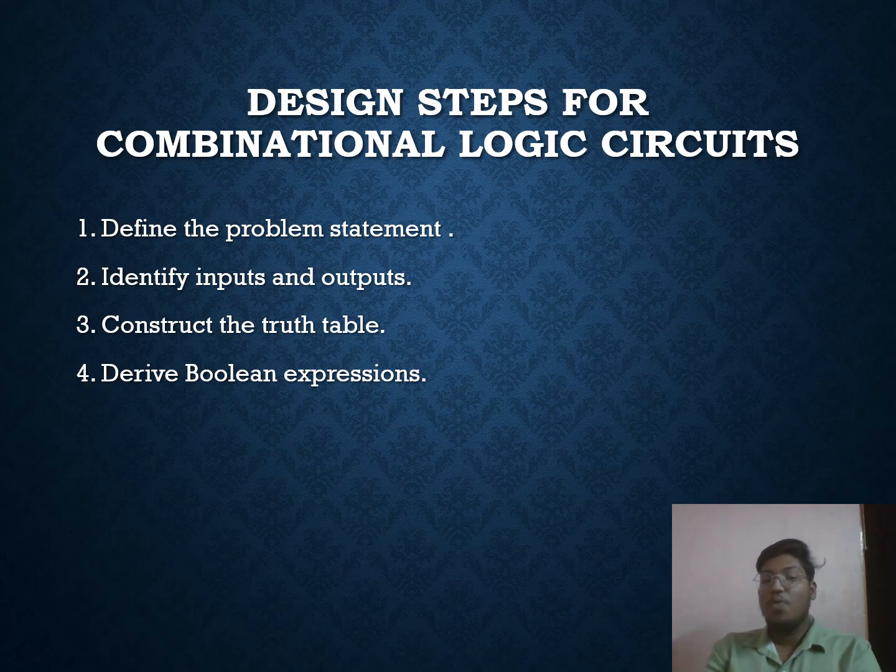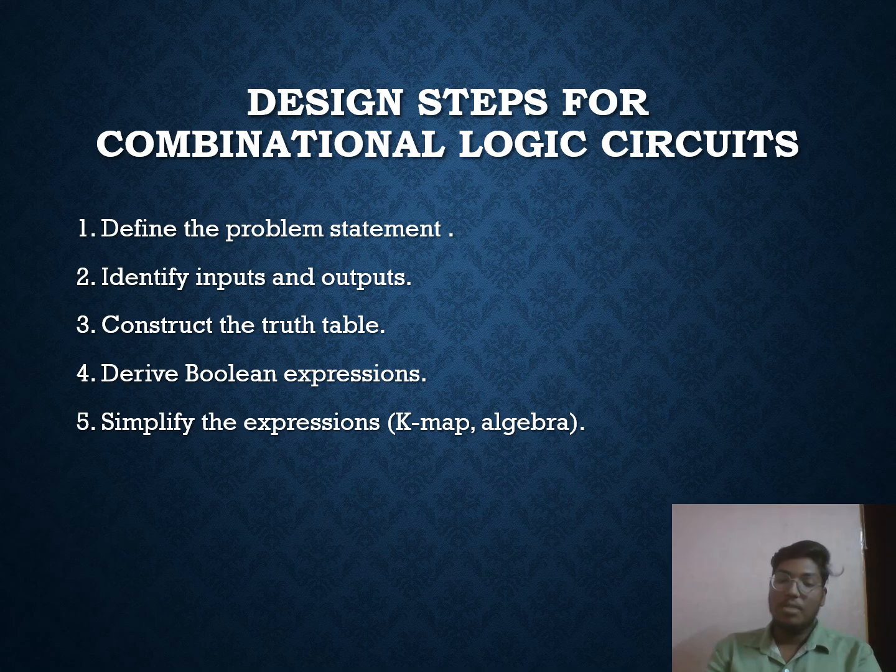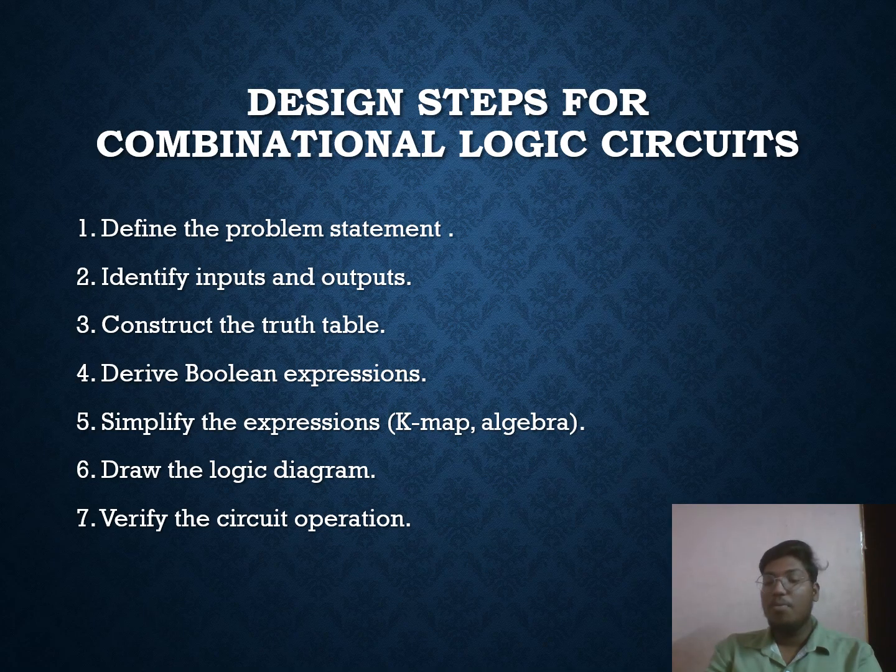From this truth table, we can obtain the Boolean expression, which we can further simplify using K-map, Boolean algebra, or the tabular method. Based on the simplified equation, draw the logic circuit diagram and verify the output of the circuit operation. We simplify the obtained Boolean expression in order to reduce the number of gates required for the construction of the combinational logic circuit.